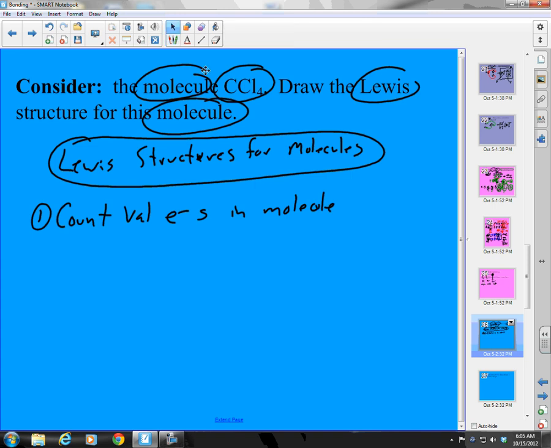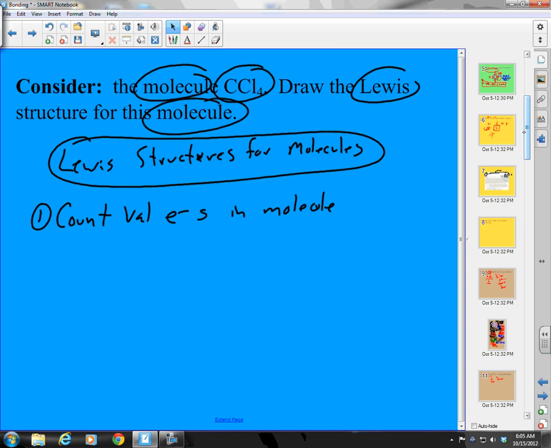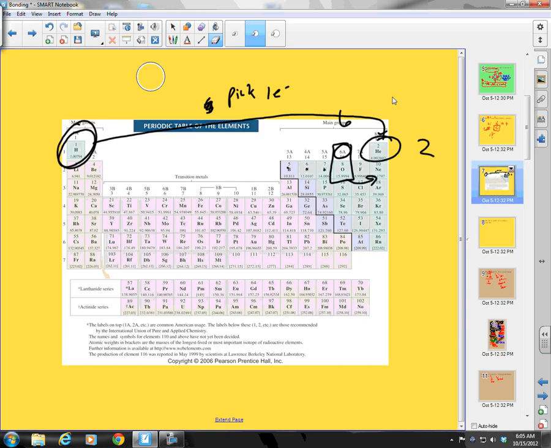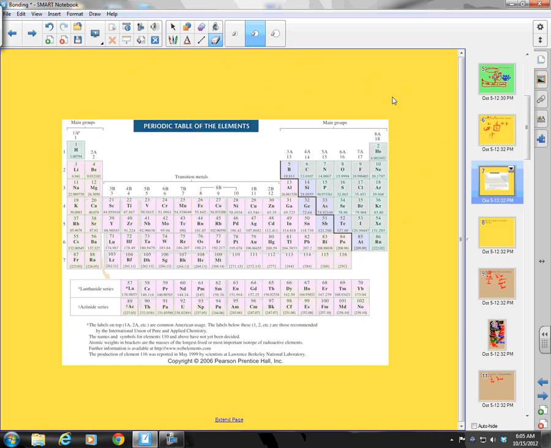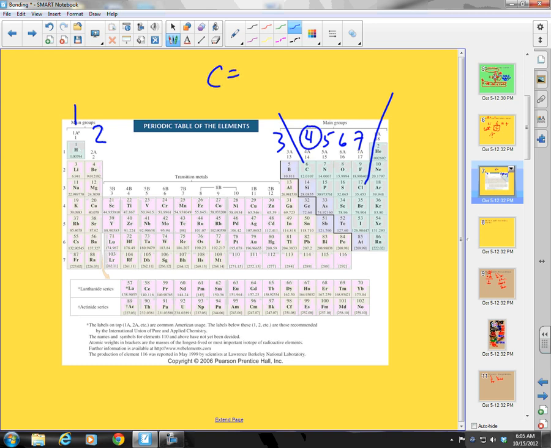We use our periodic table. What did we have? We had carbon and we had chlorine, right? I have 1 carbon and 4 chlorines. Now, valence electrons: carbon has 4 valence electrons, and chlorine has 7.